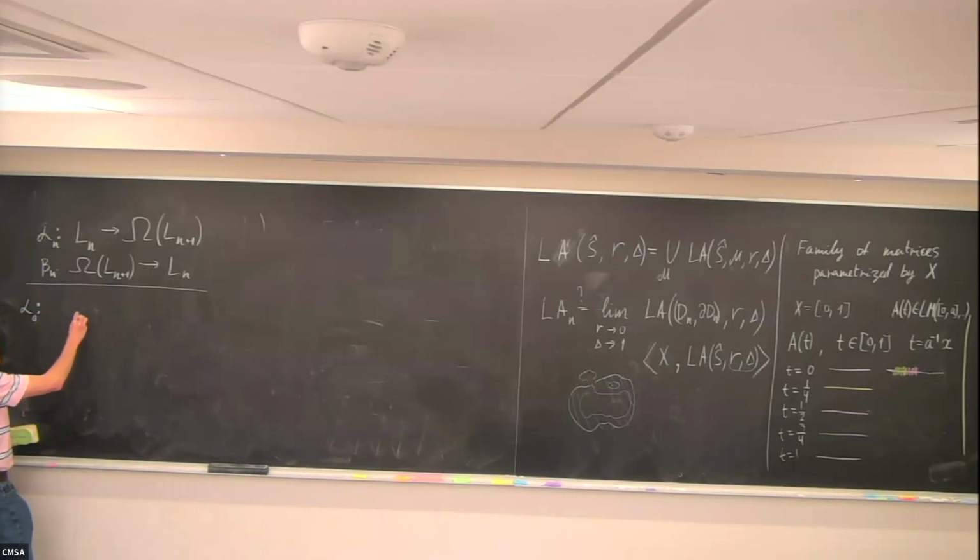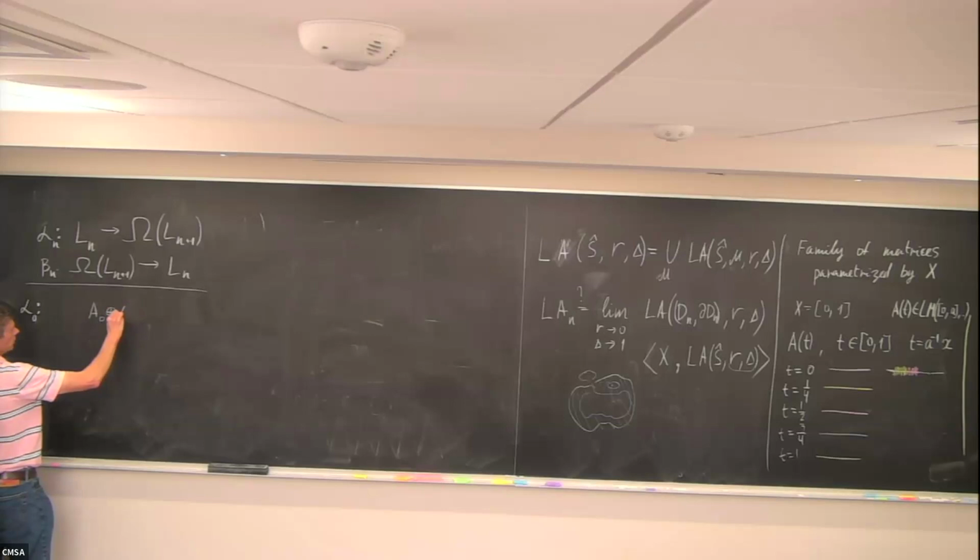So we first consider a path from A0, minus A0. A0 is a trivial matrix.